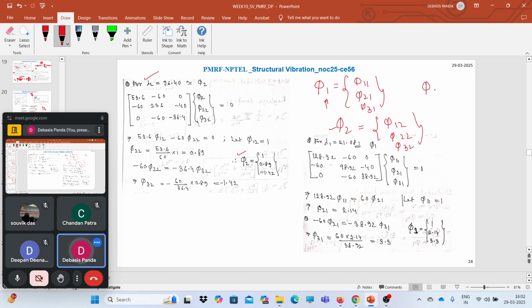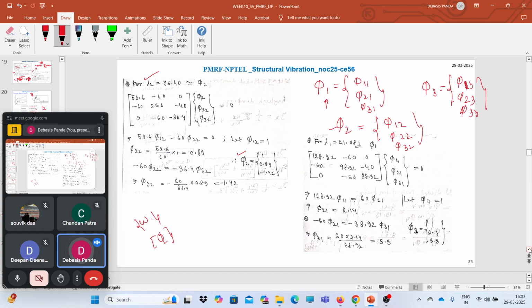And the third mode shape, phi 1 3, phi 2 3, phi 3 3. Right? Now we have the omega information and the phi information.